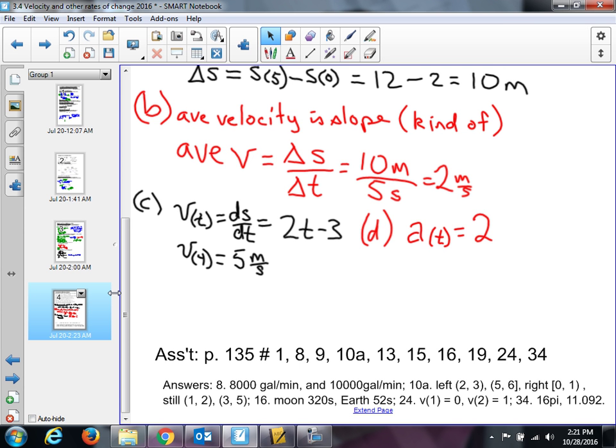You might be wondering, though, if you're not taking physics, you might not understand units as much. I'm going to just put this as an aside here. A of t is equal to d squared s by dt squared. Because that just kind of helps me with my units sometimes.